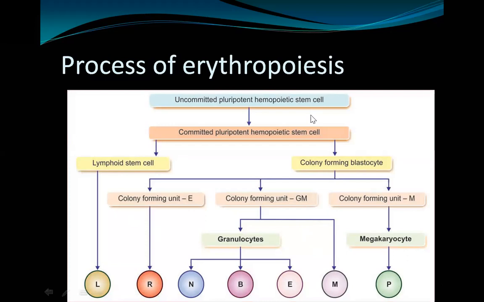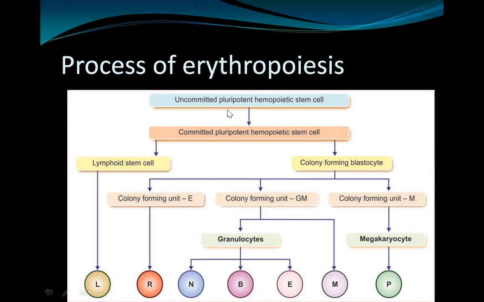First of all, we start with the stem cells. A stem cell can divide to produce another cell; it is the stem of production of the cells. Hematopoietic means blood, as hemo is blood, so it is the cell that produces the blood cells.